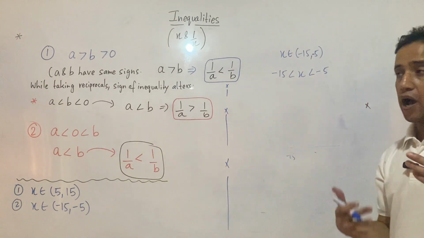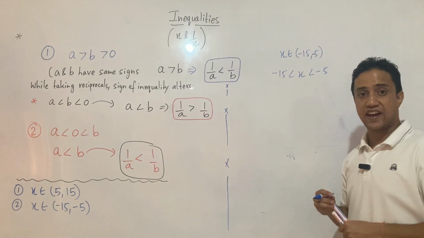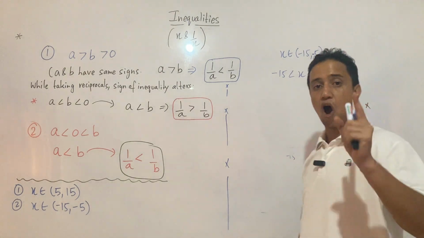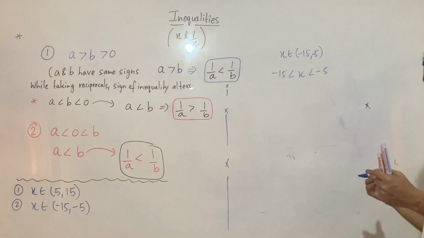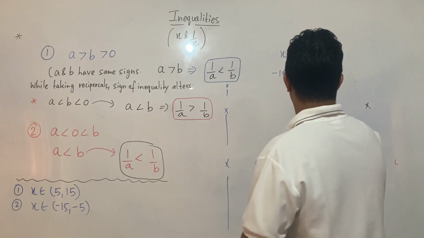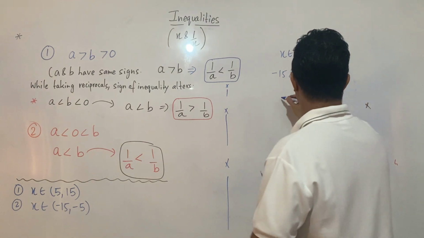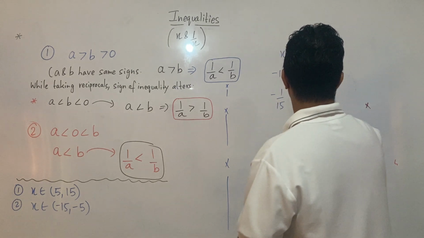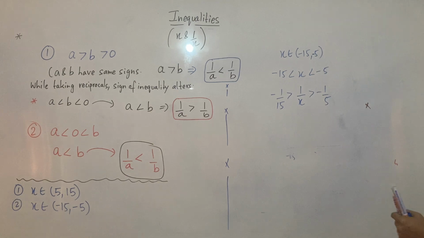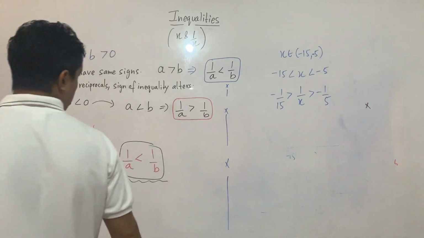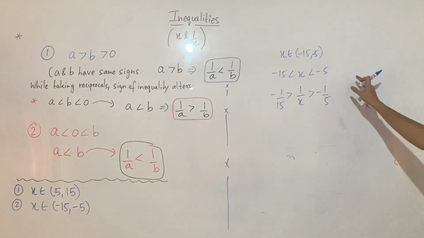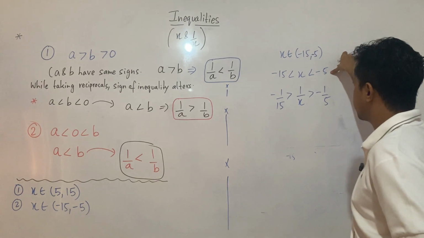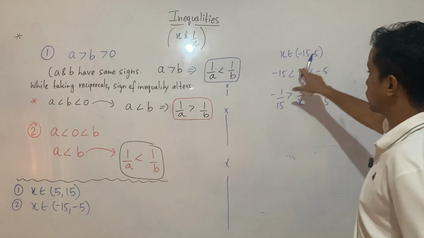Now again, because x could take negative values, it means same signs on both sides. So when you take the reciprocal, the sign has to change. So if I do 1 by x, minus 1 by 15 here, the sign will change, right? Now see here, this was higher, and this was lower.